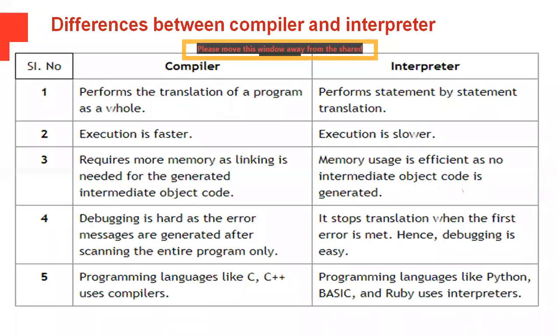If there are no errors, you can get the output directly. Compiler execution is faster, and interpreter execution is slower when compared to compiler.